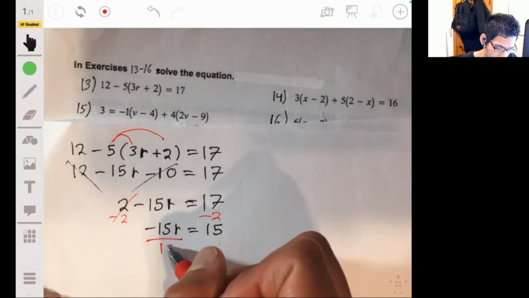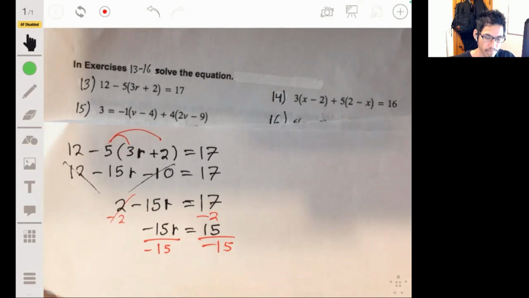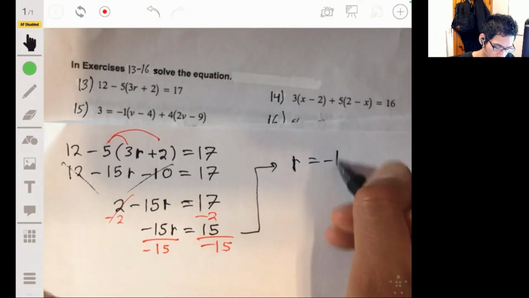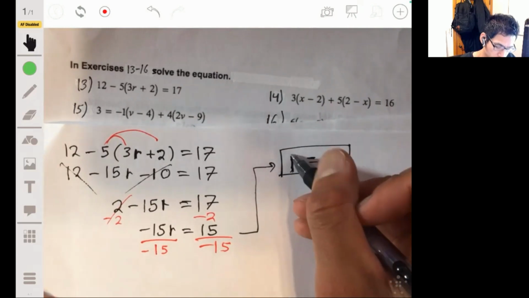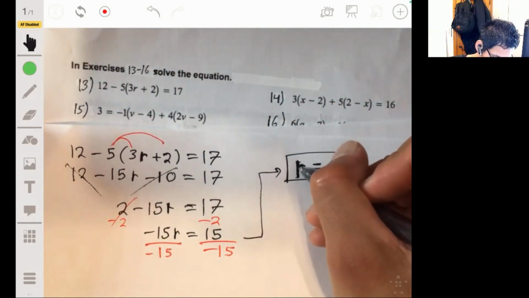Then divide both sides by -15. And what do you know? It all works out nicely. R is just -1. What a coincidence. I don't know what's going on with this R. I had a bad day.